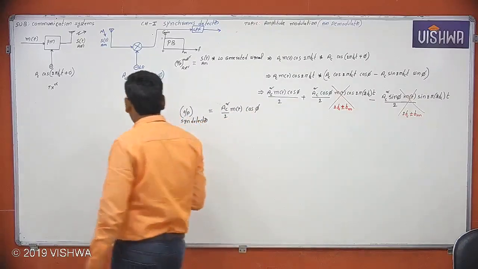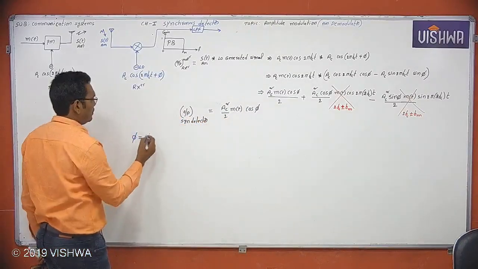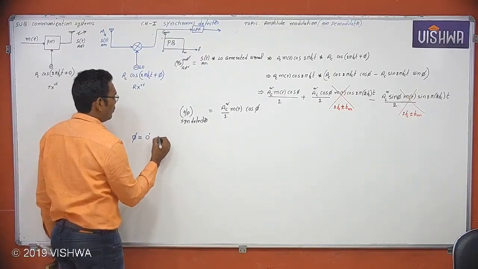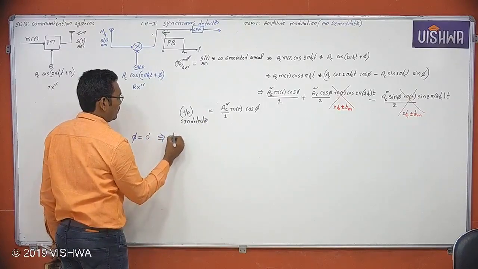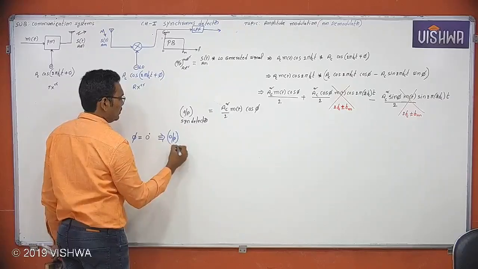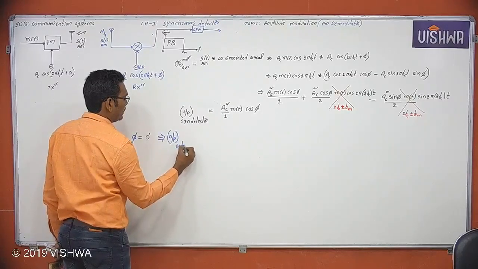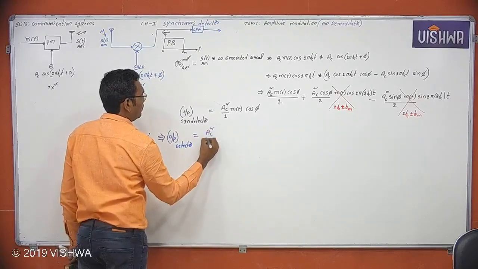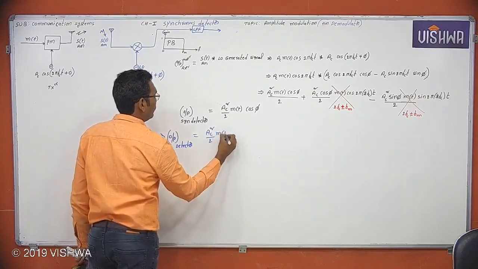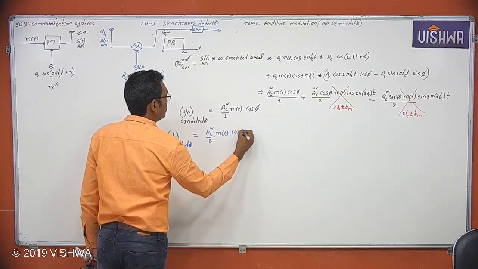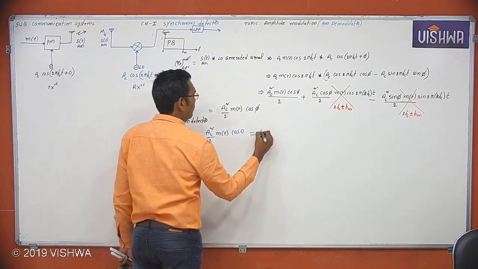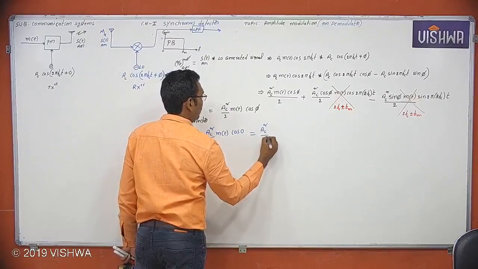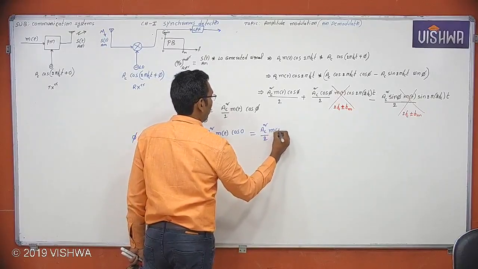So when the phase equals 0 degrees, the output of the detector is AC square by 2 m of t into cos 0. Cos 0 is nothing but 1, which gives AC square by 2 into m of t.